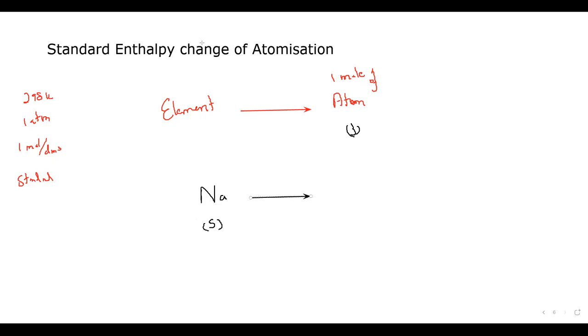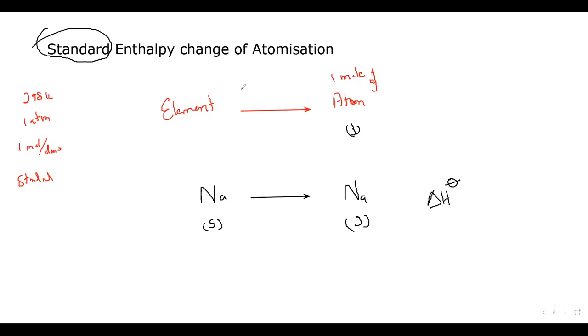We supply energy so that we can produce sodium atoms in a gaseous state, because the concept of atomization is the energy required to produce atoms in a gaseous state. We call that atomization. So from sodium solid, we produce 1 mole of sodium atoms, and the enthalpy change is denoted by ΔH. If conditions are standard, then we use this symbol.